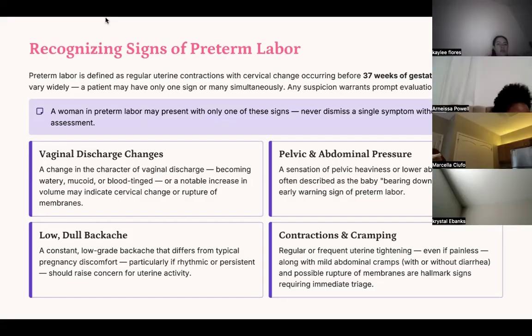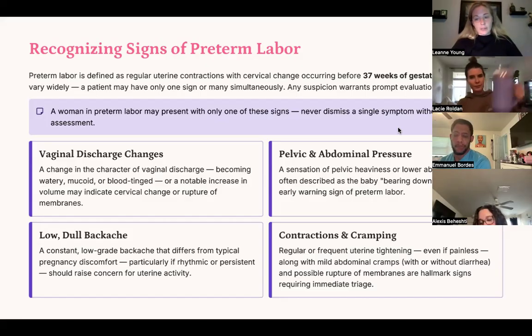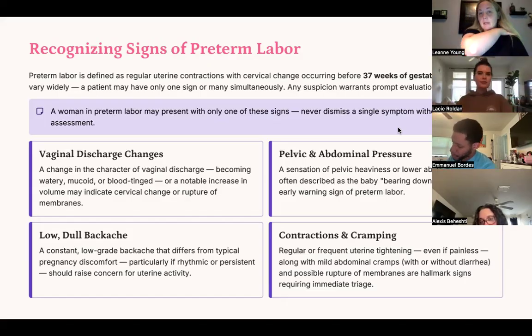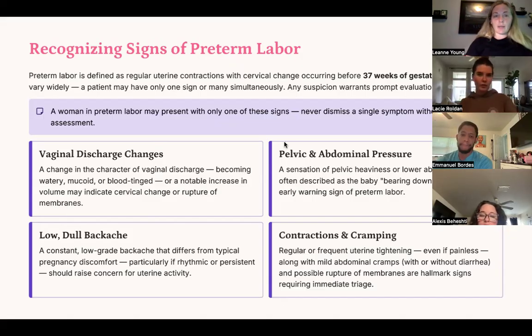If mom is having uterine contractions, or she's feeling crampy or uncomfortable, that can be a sign or symptom of preterm labor. So regular or frequent uterine tightening, even if it's painless, along with mild abdominal cramps. Sometimes the moms will complain of having diarrhea. Sometimes it's just independent. And possible rupture of membranes are signs that we need to evaluate these patients right away.